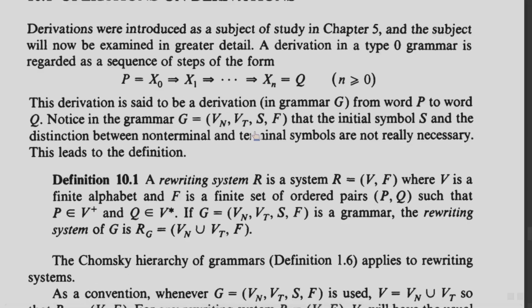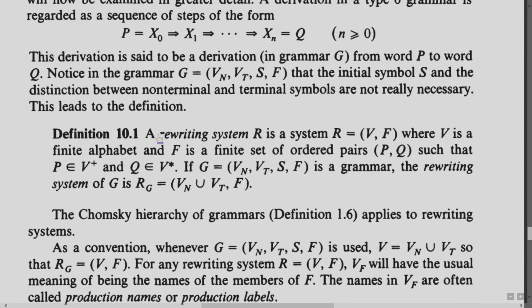First of all, let us consider the first definition, the rewriting system. Rewriting system, as the name indicates, means that we are going to rewrite the string after using production rules. Analytically it is represented by R, and it's a two-tuple. The first part is V, where V is the union of Vn and Vt.